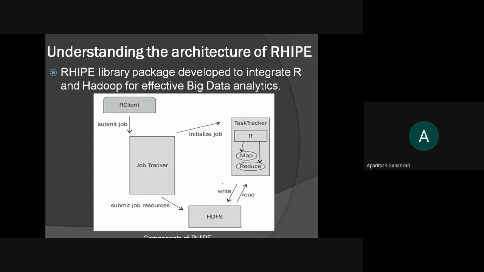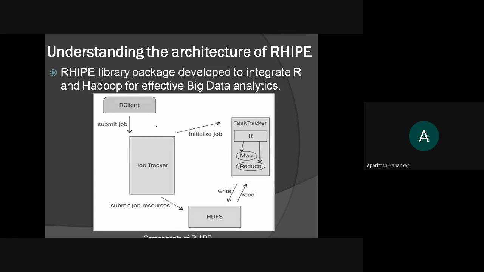So it is a library developed for integration of R and Hadoop. These are the components: R client, then job tracker, task tracker, and HDFS. We know at length the difference between job tracker and task tracker.